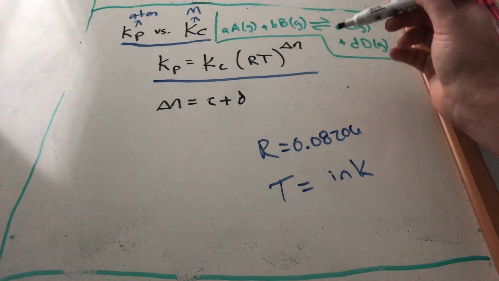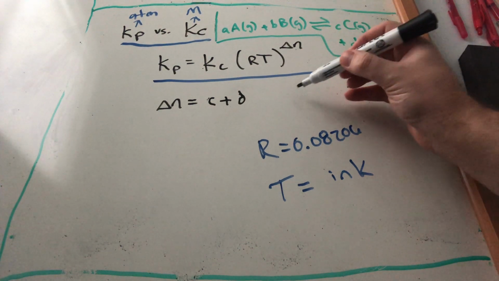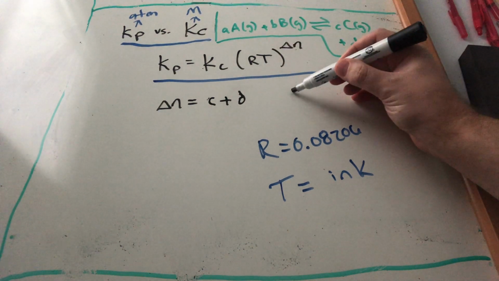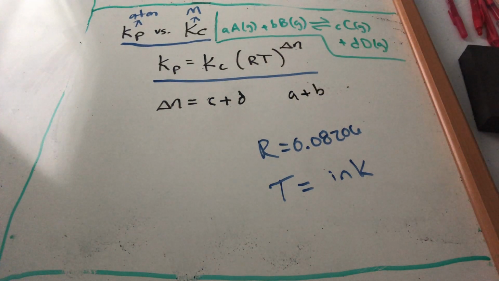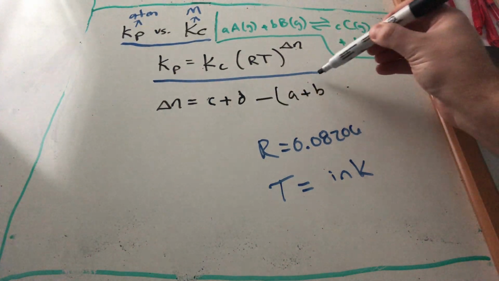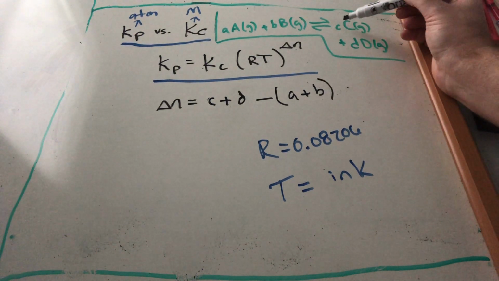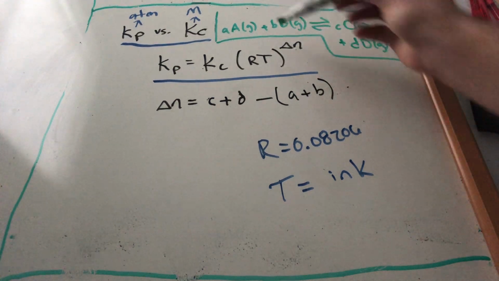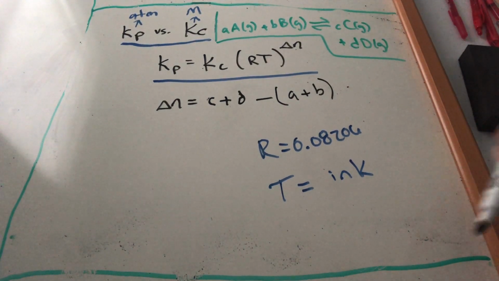Then we do the same sum for the reactants, which for this case will be a and b. And then you subtract those two sums. So for this simple example, it would be c plus d minus the sum of a plus b. That's your delta N.